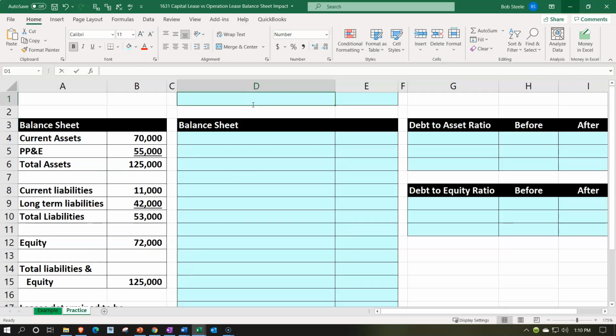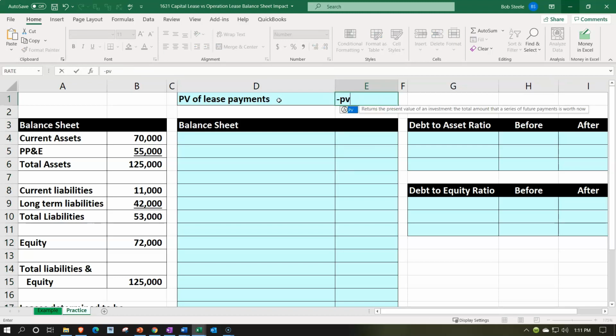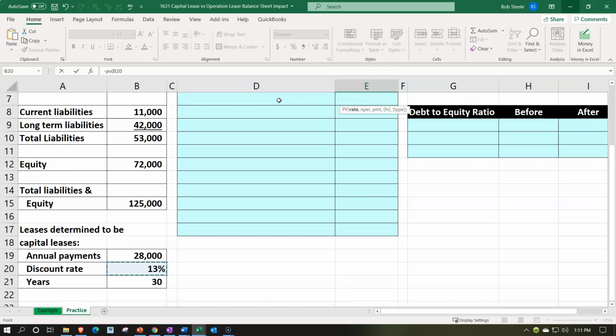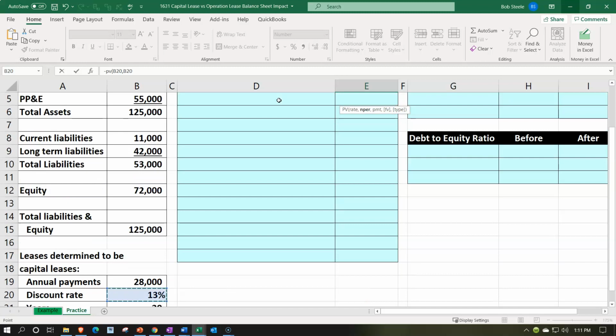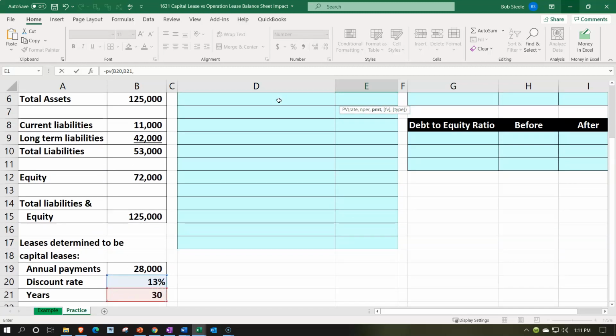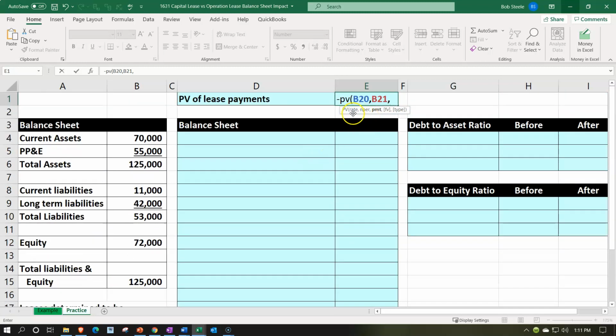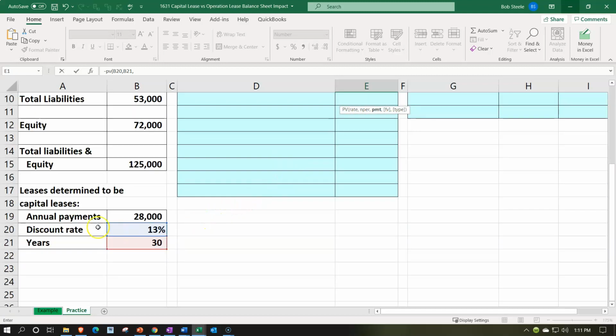So let's go back up top and do that. We'll do our calculation. This is the present value of lease payments, let's call it. Present value of lease payments, and then equals negative PV, picking up the rate, which is going to be that discount rate of 13%, comma, number of periods we just said was 30, comma, and now we have the payment, which we said was the annual payment.